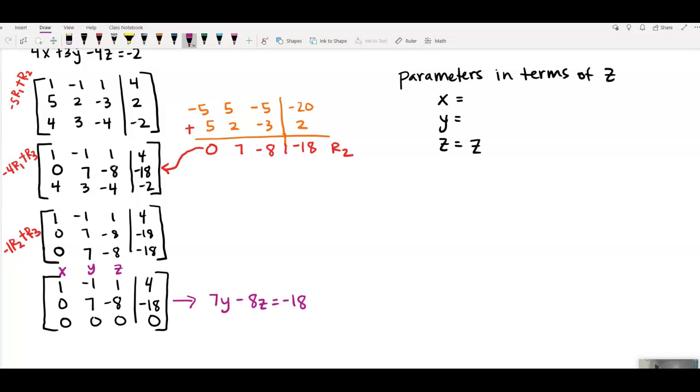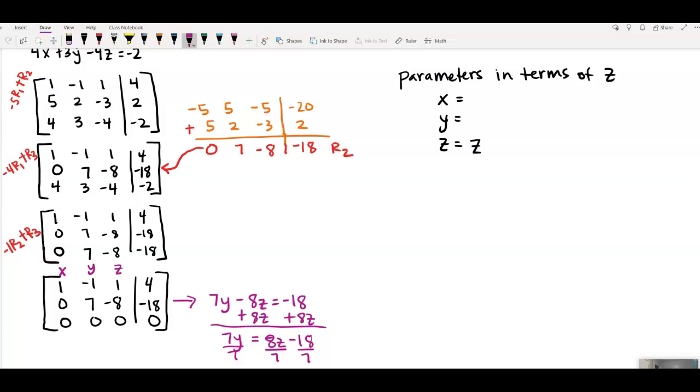All right, so to do that, let's add the 8z over. So I get 7y equals 8z minus 18, and then I'd need to divide everything by 7. So it might want it written out like this.